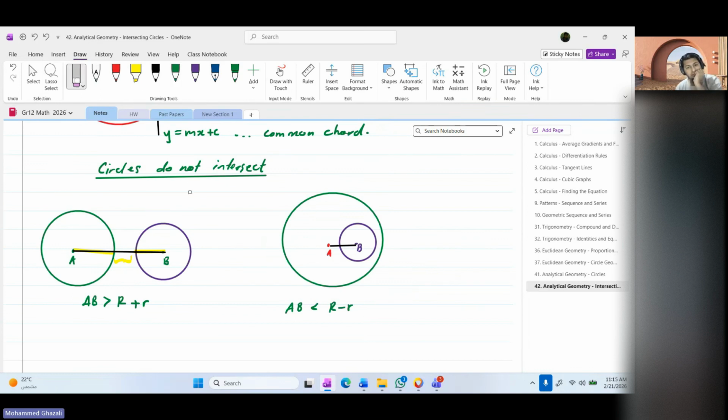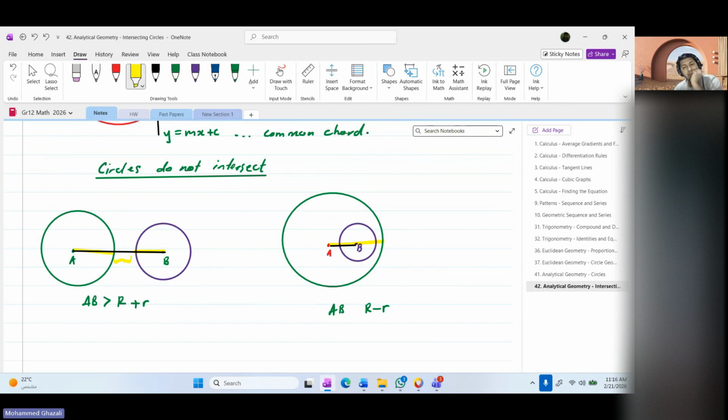Okay. Sorry, the other way around. AB is greater than R minus R. Right. So let's look at this. So your R is from A to the end, and this R is from there to there. There's an issue. This here should be less than, I think. Wait, AB is okay.